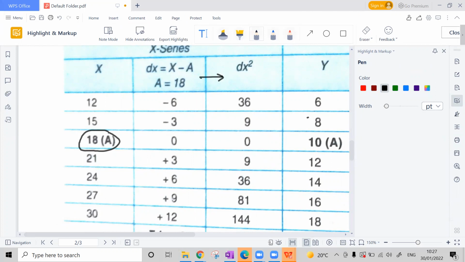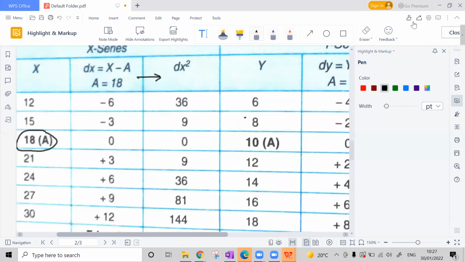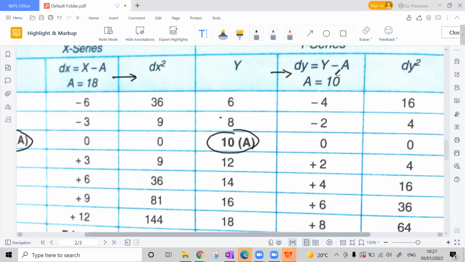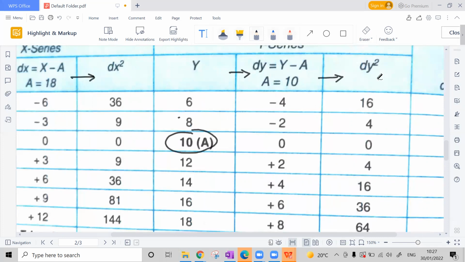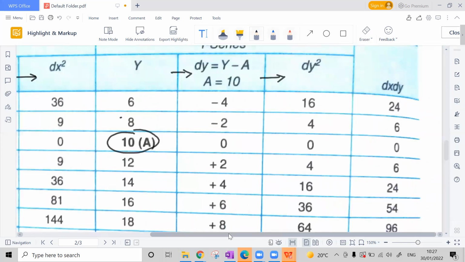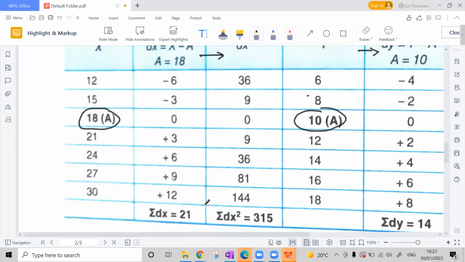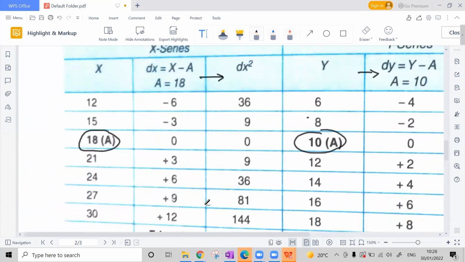And again in y, I will be taking an assumed number. Suppose I have taken the assumed number here as 10. And then again I am calculating deviations from y, and for those deviations from y, again we will go for deviation square. Note down, beta, everyone, first of all this. Shall I complete x first of all? Note down x first.